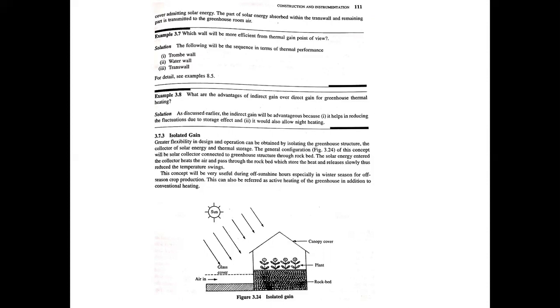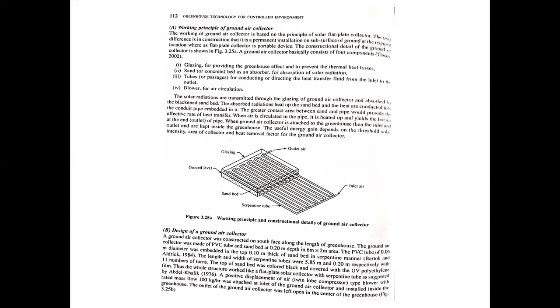The solar energy enters the collector, heats the air and passes through the rock bed, which stores the heat and releases it slowly, thus reducing the temperature swings. This concept will be very useful during off sunshine hours, especially in winter season for off season crop production. This can also be referred to as active heating of the greenhouse in addition to conventional heating.